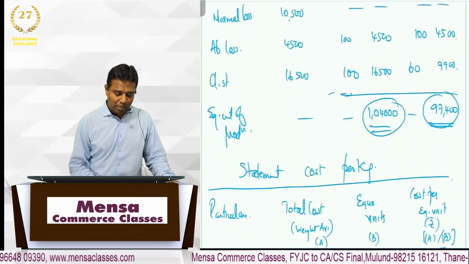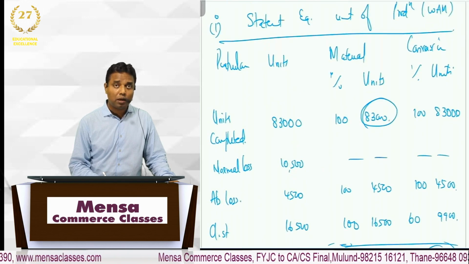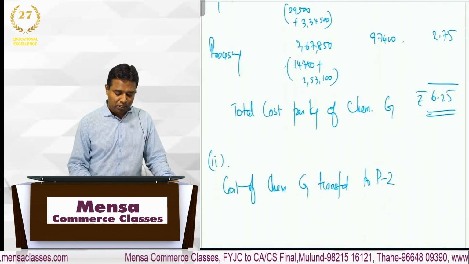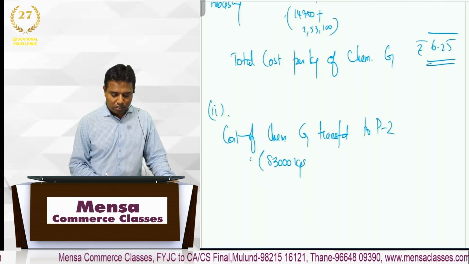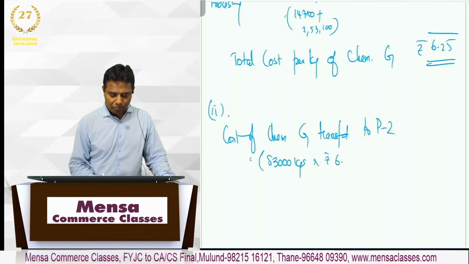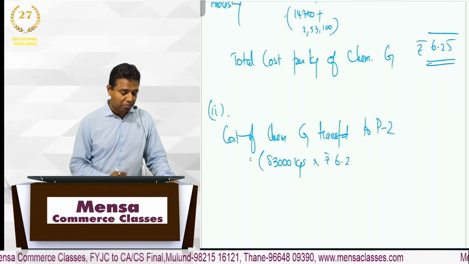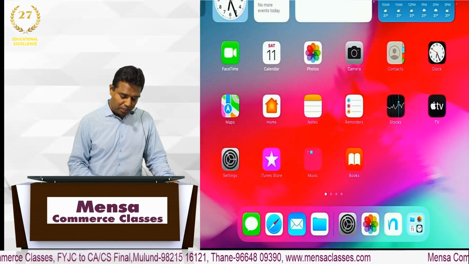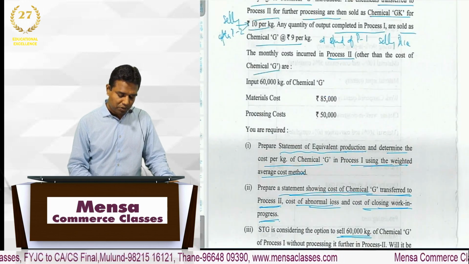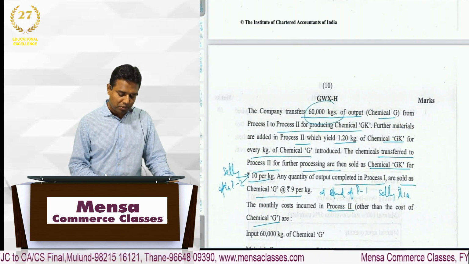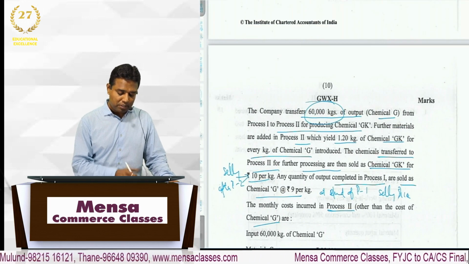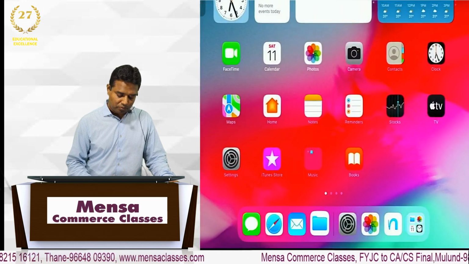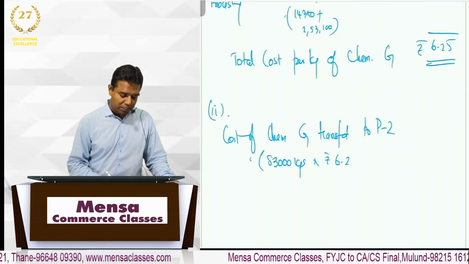How many kilos have been transferred to process 2? 83,000 was completed and transferred. So it will be 83,000 kgs into rupees 6.25. But they are not going to transfer everything, I think, correct? They are going to transfer how much? Only 60,000. So the remaining they are not going to transfer, they are going to sell it off, right? So we'll do only for 60,000.